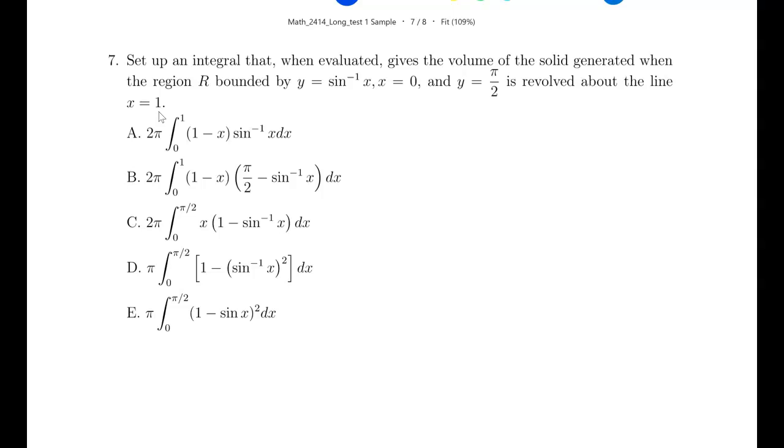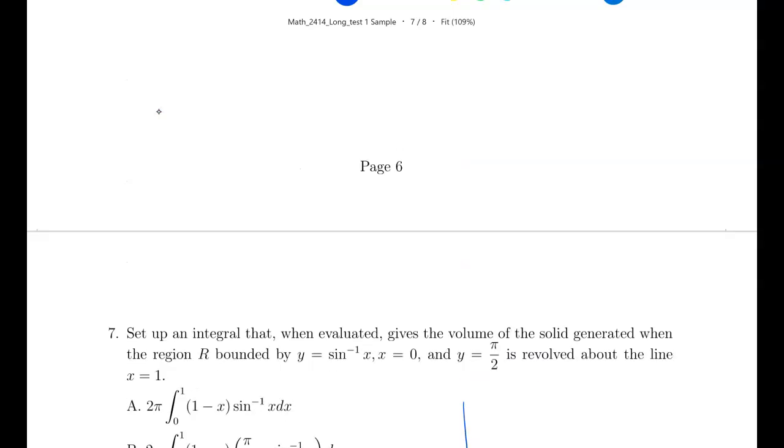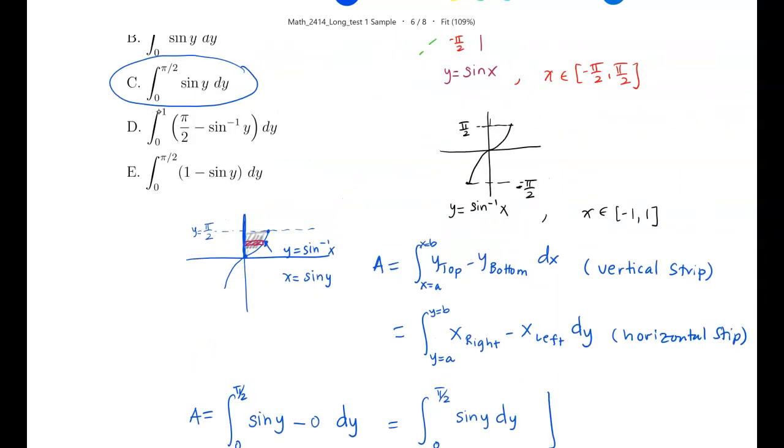So to solve this, we first draw the region. We already have drawn that. From that previous example, it is this region here. And we are going to rotate it about this line here, that is x equals 1. Remember, this is the point 1, pi over 2.